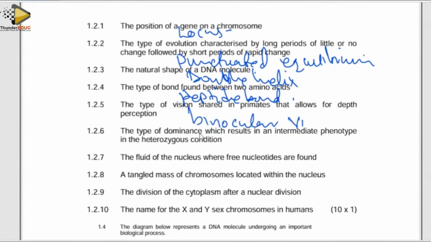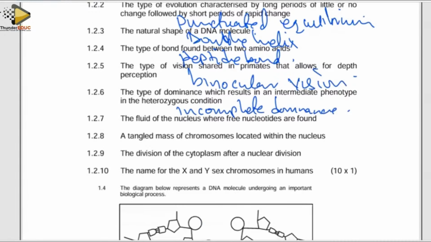Binocular vision, or stereoscopic. The type of dominance which results in an intermediate phenotype, what did we say? Incomplete dominance. If you are not able to remember what we said, then it means that you need to catch up. I have to go to the catch-ups, and we talk about the catch-ups.